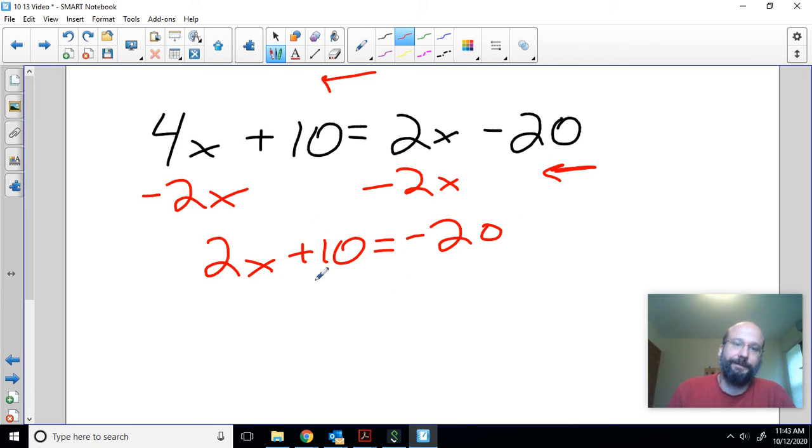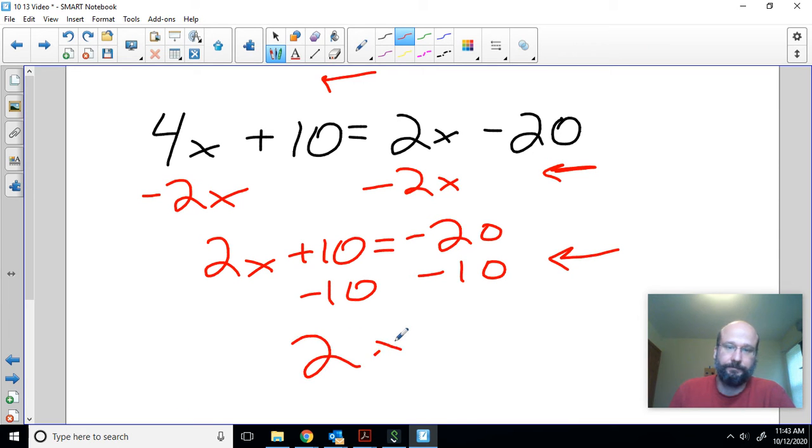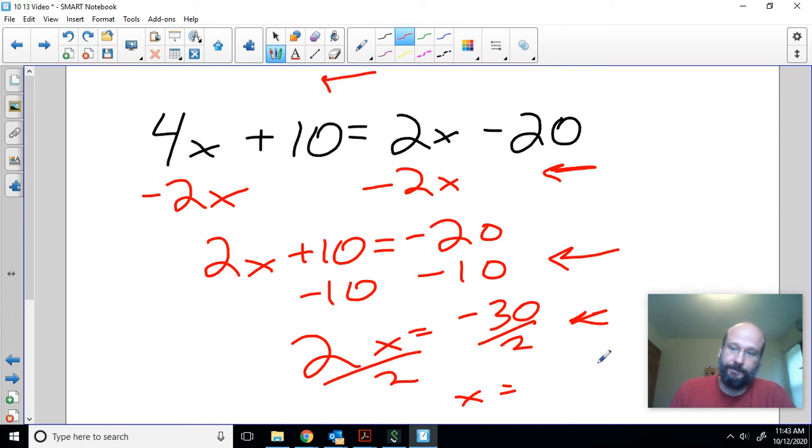Now we're going to move this over here. And what's this property called? That's subtracted on both sides. What's our next step? What's that property called? What's x equal?